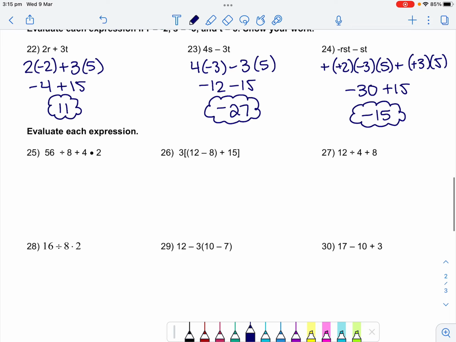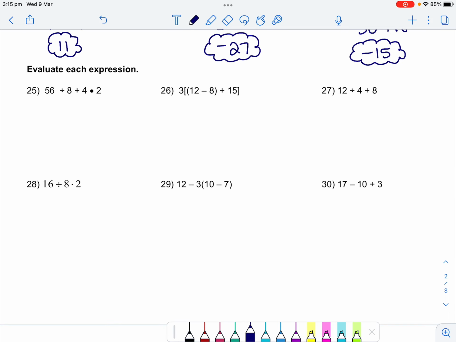Number 25 starts our order of operations, so I'm going to divide first. So 7 plus 4 times 2, 7 plus 8 because I multiply, and then 15 after I add.